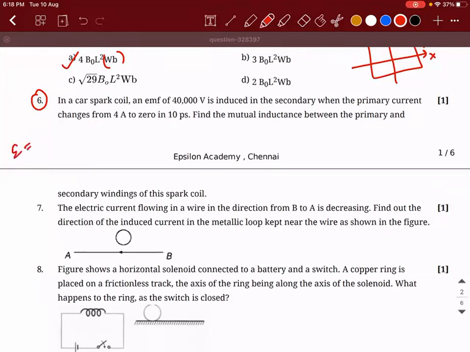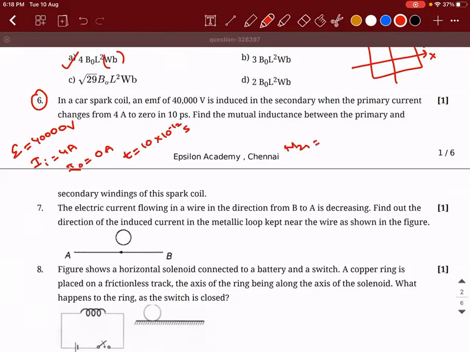So EMF is 40,000 volt. Primary current changes from 4 ampere to 0 ampere in time 10 picoseconds, 10 into 10 power minus 12 seconds. Find the mutual inductance between the primary and the secondary coil.